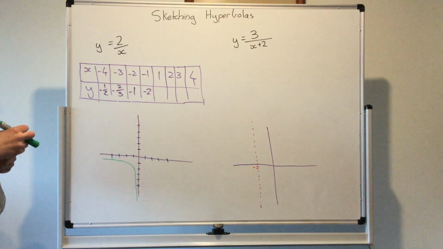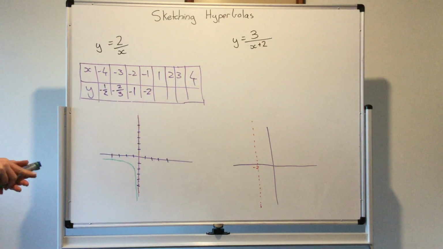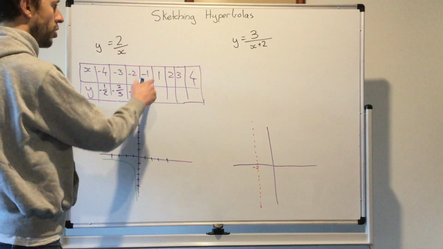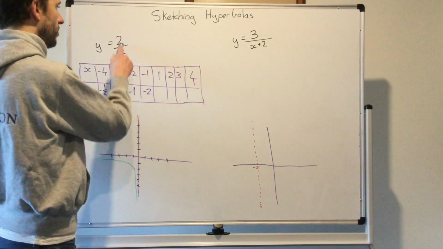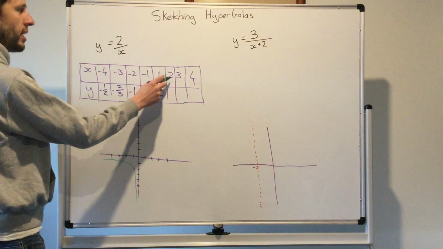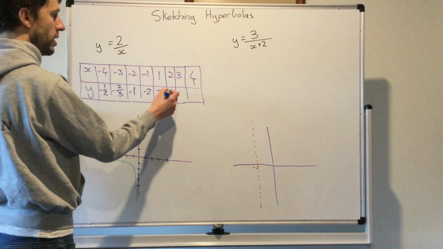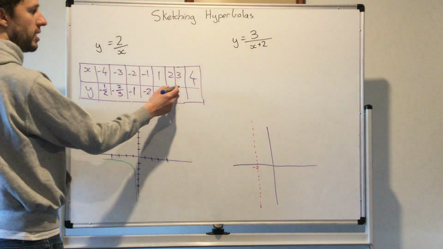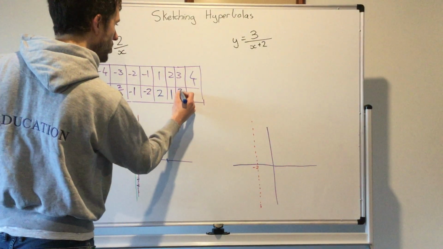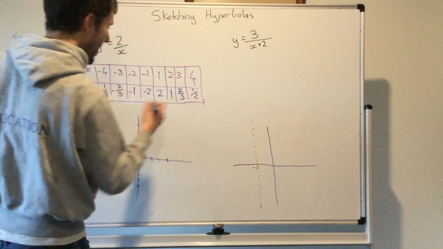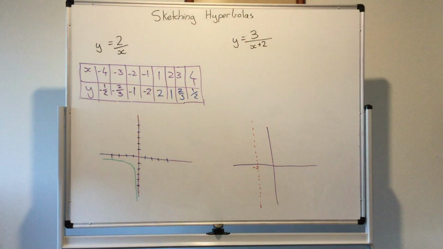Now, let's have a look at this side. When x is 1, 2 divided by 1 is 2. When x is 2, 2 divided by 2 is 1. When x is 3, 2 divided by 3 is 2/3. And when x is 4, it turns into a half. Exactly the same as the other side, it's just positive.